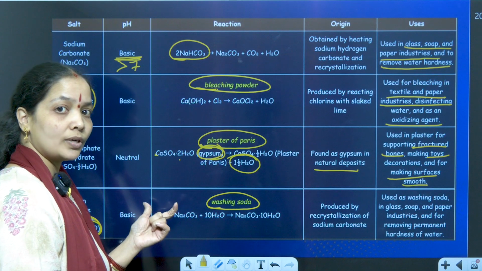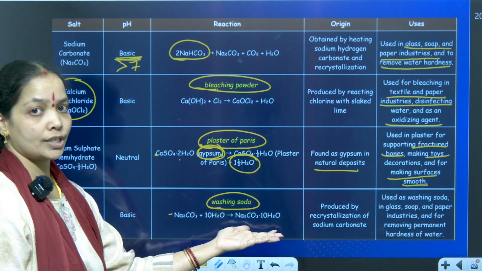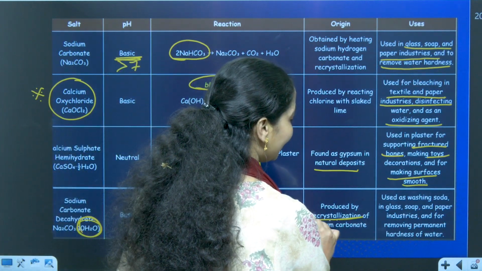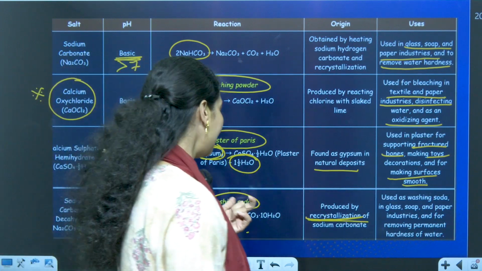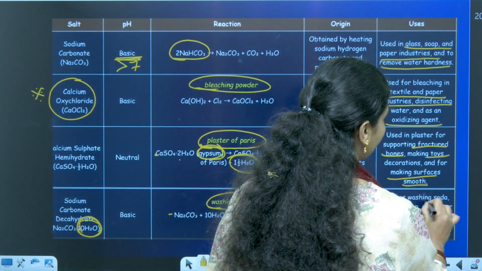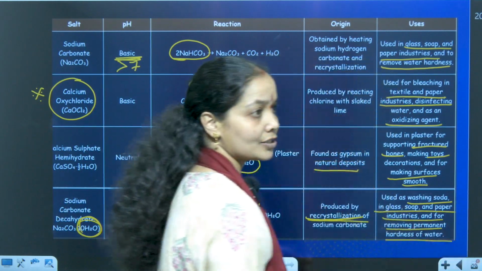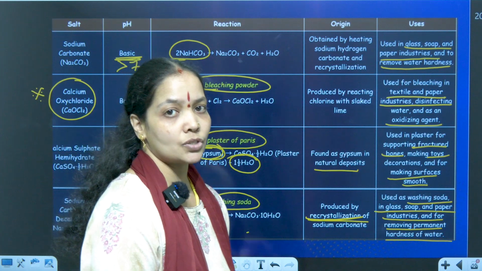Whenever I am taking sodium carbonate, adding 10 molecules of water, I get the washing soda. The major formation of this reaction is called a recrystallization reaction. Uses, as we have mentioned, it's washing soda, so it is used in washing glasses, soap, paper industry, and removing permanent hardness of water are the major uses of this particular salt.